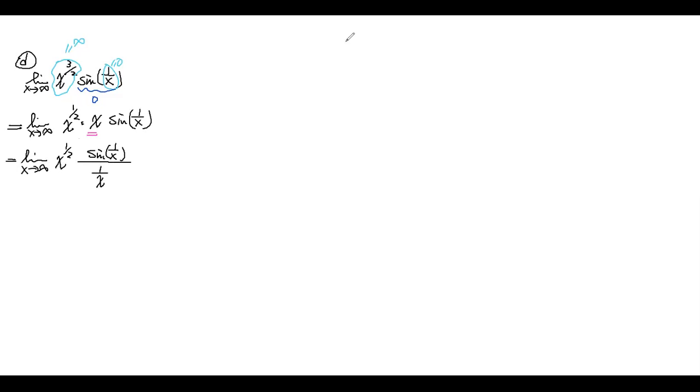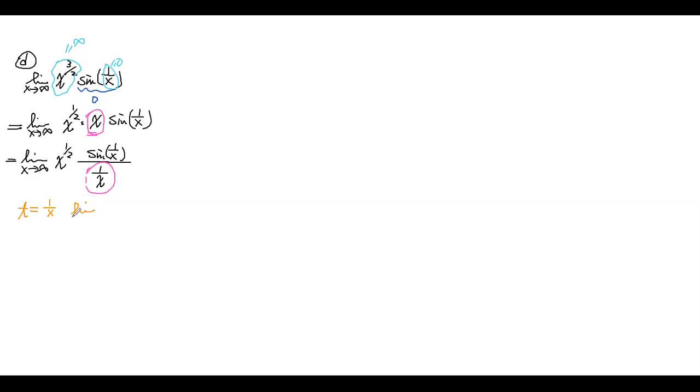I can flip this one to here, and then I have this x to the 1/2 here. Now let's assign t equal to 1/x. So t is equal to 1/x.